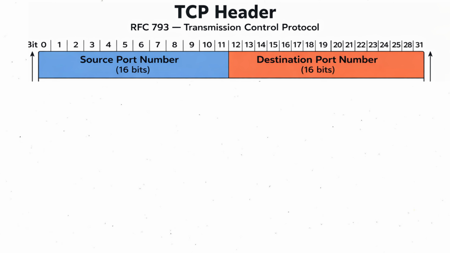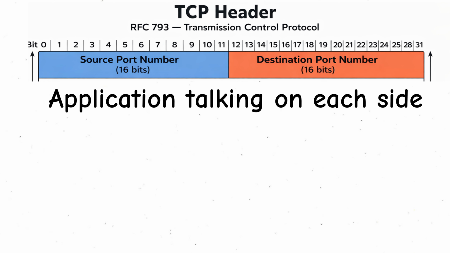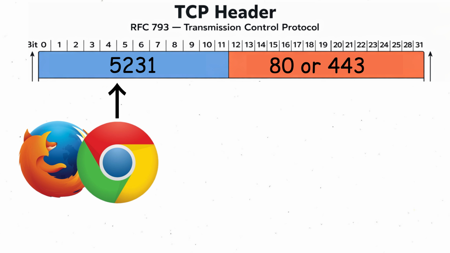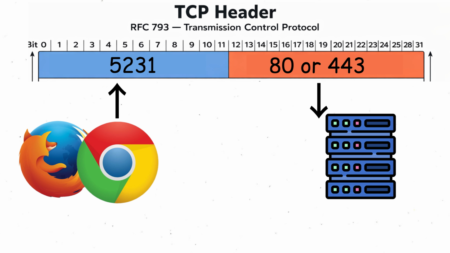These ports identify which application is talking on each side. For example, your browser might use a random source port, while the destination port could be 80 or 443 on a web server. This is how TCP knows exactly which application should receive the data, not just which device.